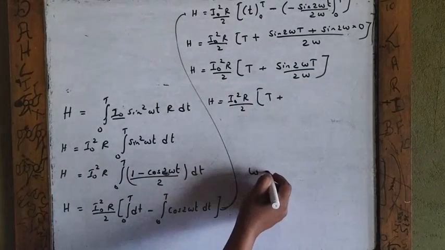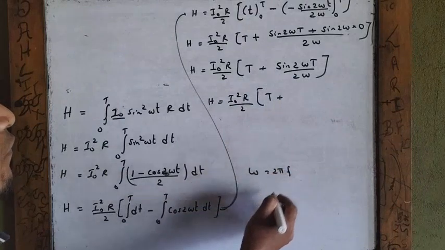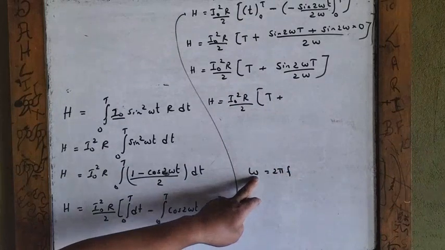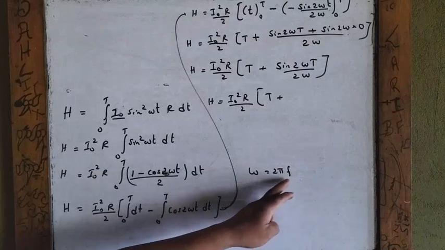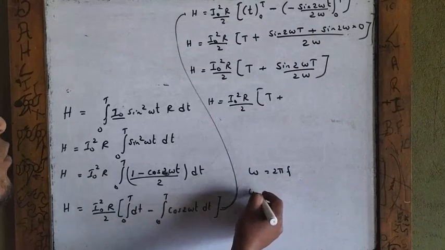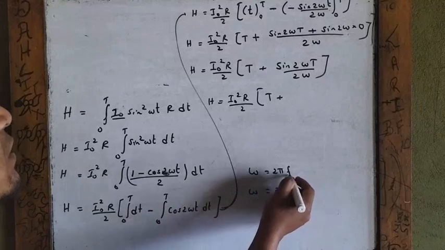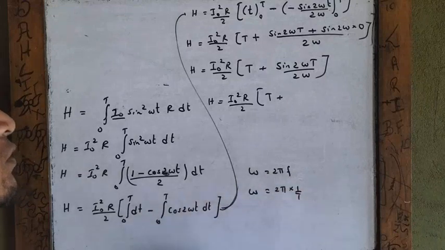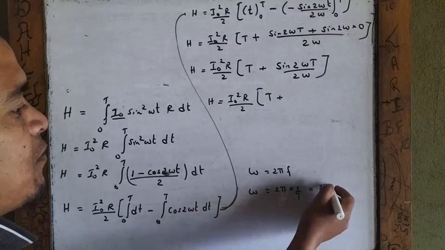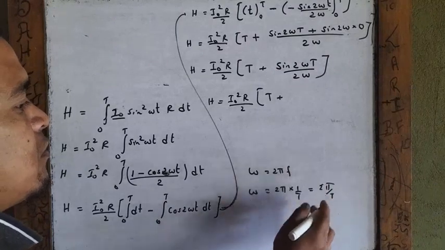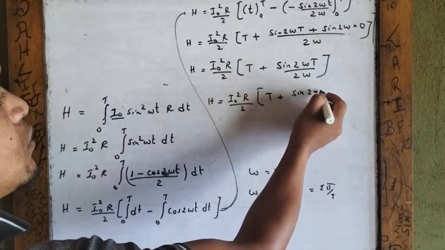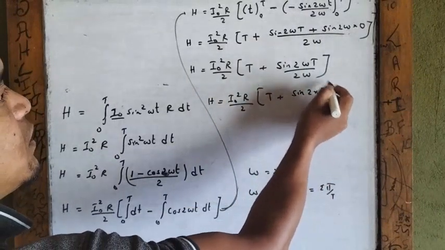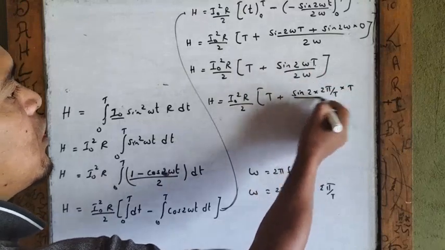Now what is this omega? This omega is equal to 2 pi f. Omega is the angular frequency and f is the linear frequency, and the relation between them is this. Or this omega is equal to 2 pi, and instead of f I'll write 1 upon T, which is the reciprocal of the time period. It means 2 pi upon T. So instead of omega I'll write 2 pi upon T times T upon 2 omega.